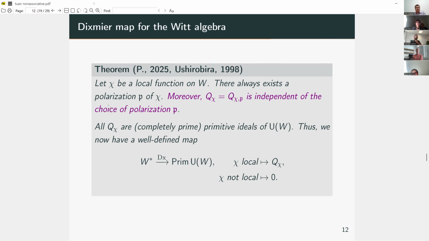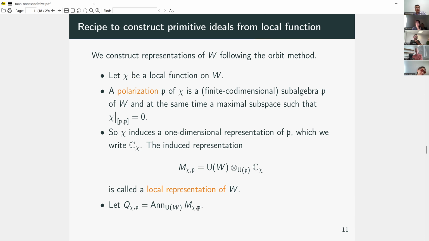So here I say that all Q_I are primitive ideals of U of G. One of the reasons why I don't say this for, for example, the module M chi P, a simple module or irreducible representation of W, is that it is not true in general. I think this is again one of Charles Conley's results.